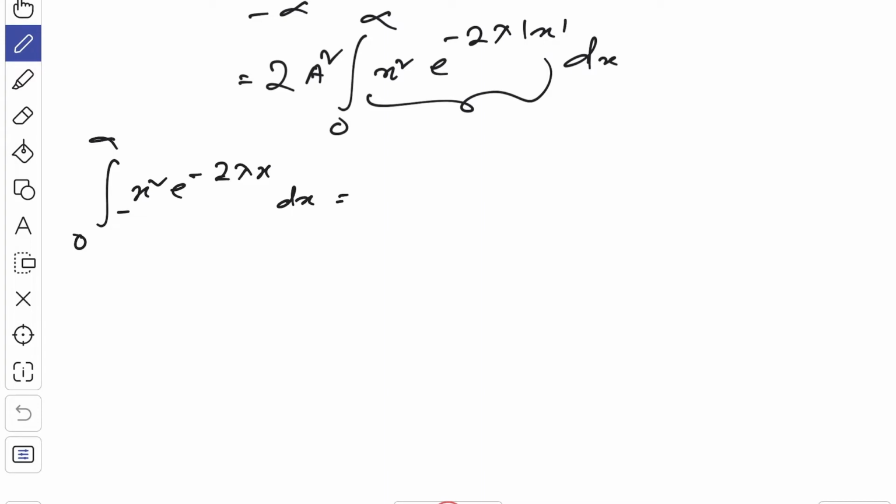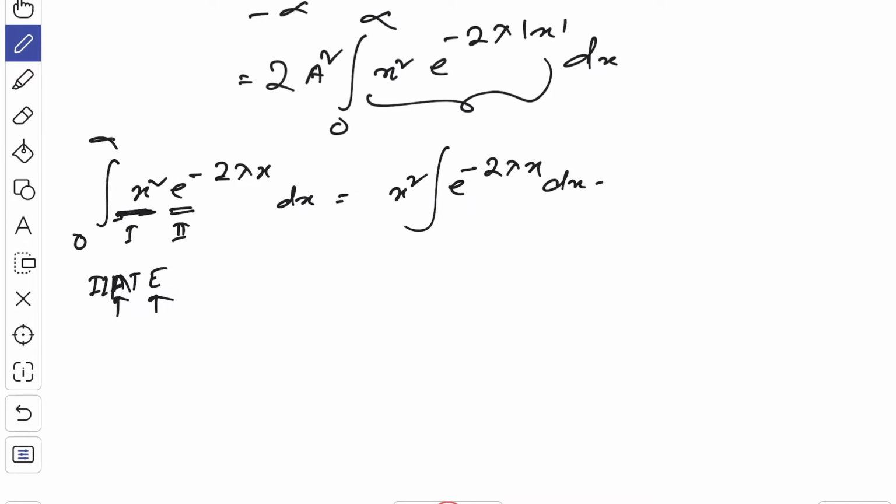then consider this as first function and this as second function. According to ILATE, first algebraic function then exponential, so the algebraic function should be considered first, so here x square is considered as the first function. So in that case we will get x square times the integration of e to the power minus 2 lambda x dx, minus the integration of the derivative of x square, that's going to be twice x, times the integration of e to the power minus 2 lambda x dx, whole dx.